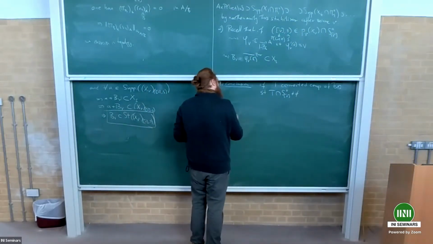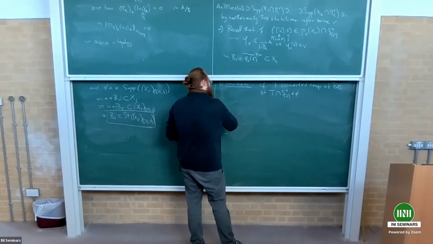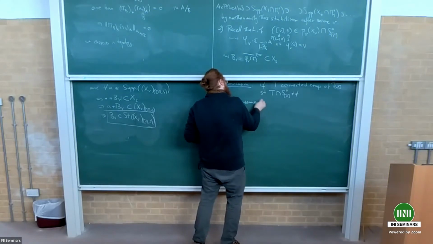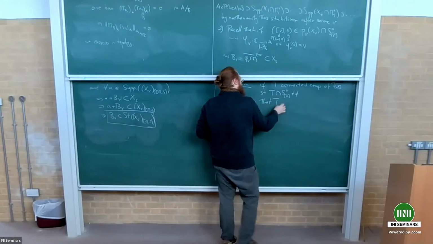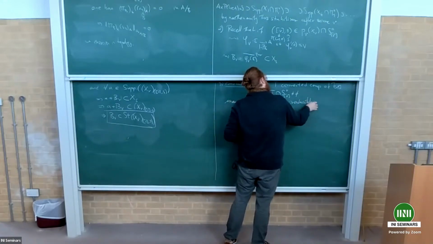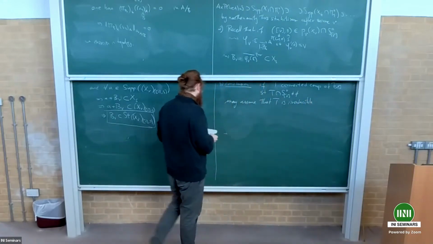Anyway, let me first say that we may assume that T is actually irreducible. Here I took connected components, but it's not important.